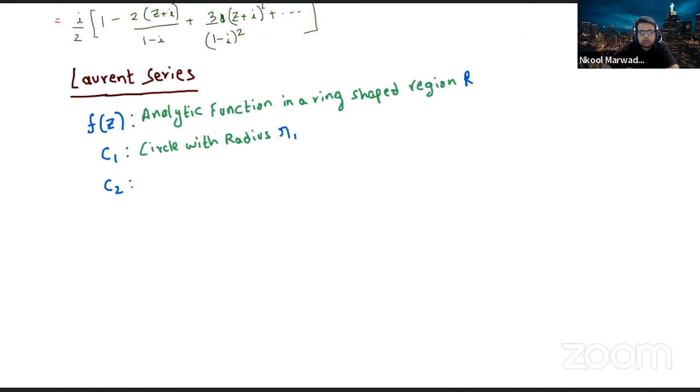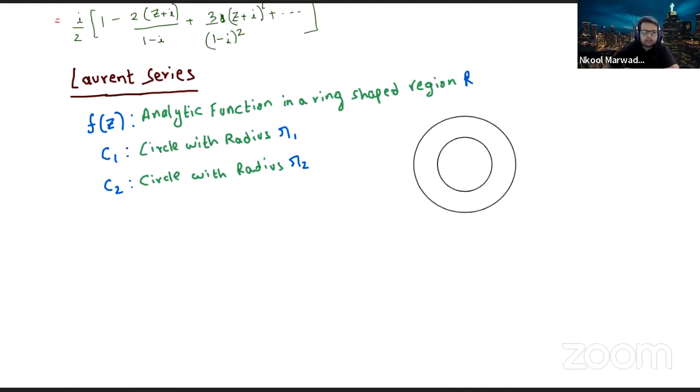C2 is the circle with radius R2. Let us do something like this. We can draw it, understand it. So we have two concentric circles.